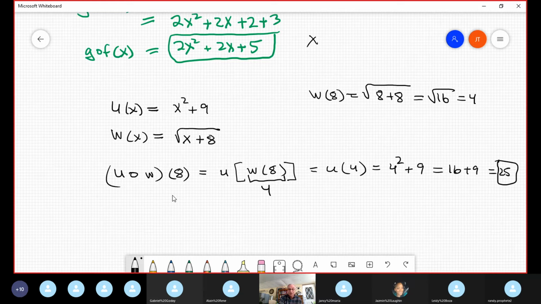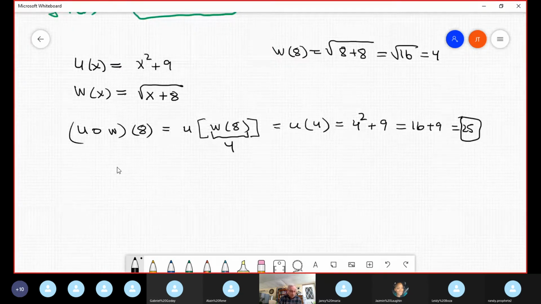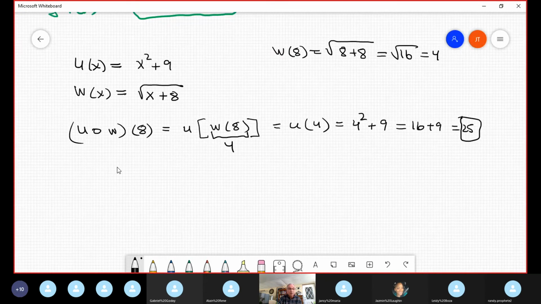This is another way that you can see in the test. Suppose in the opposite direction, W composition U, evaluating A again. So W bracket U and A. Let's do it.